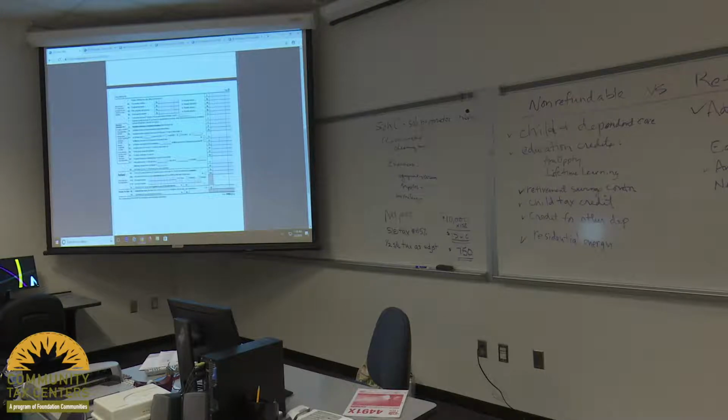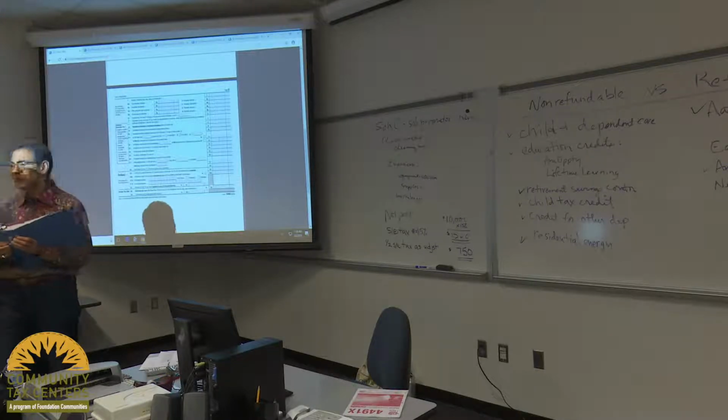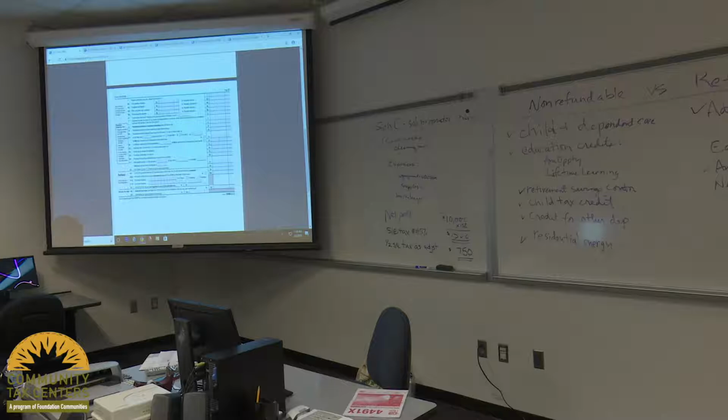That's often a misnomer. People don't catch that. But you don't have to have kids necessarily to get this. The more children you do have, the more you possibly get from the credit. And then also, we'll see where age does kick in as to whether you're eligible for it or not.